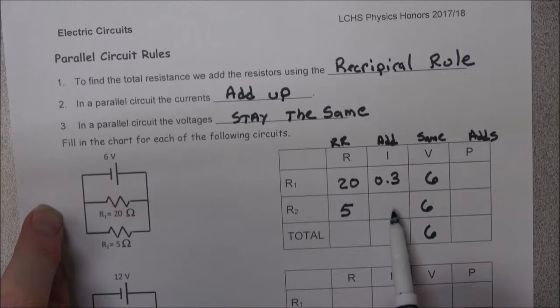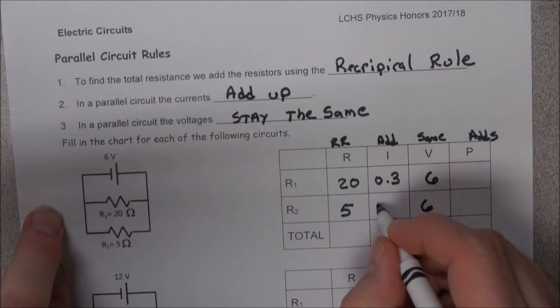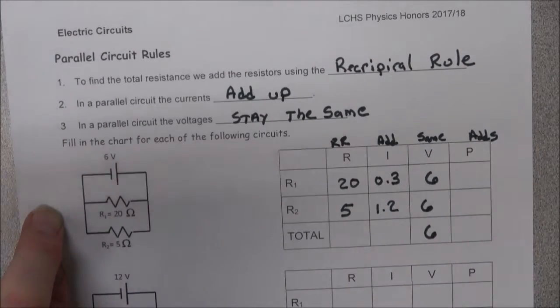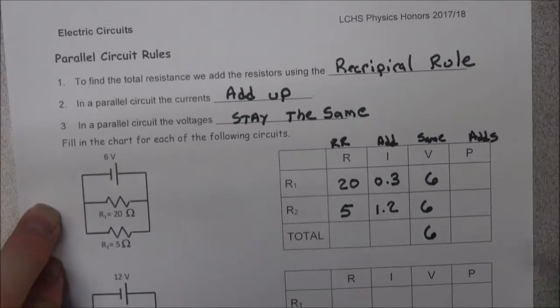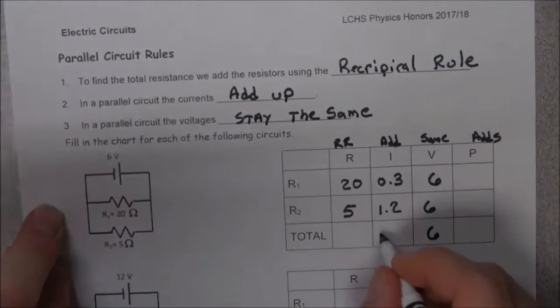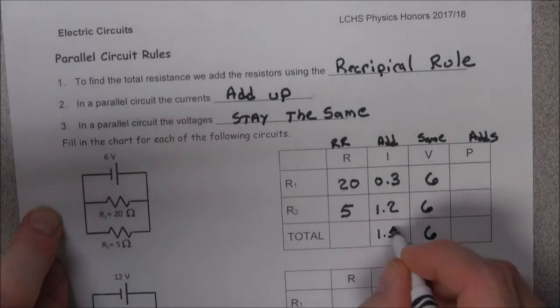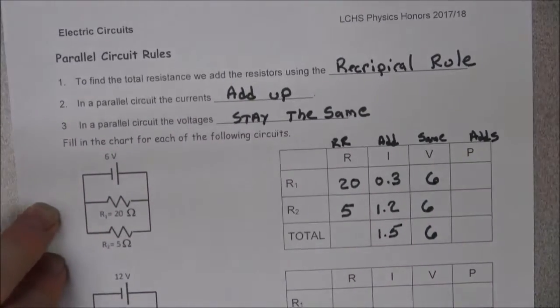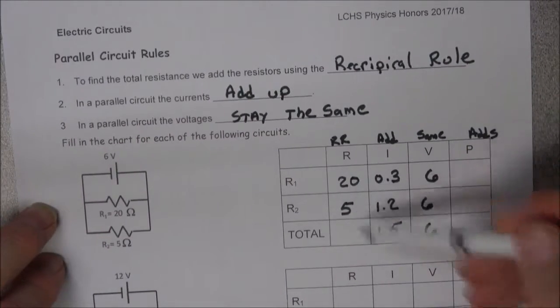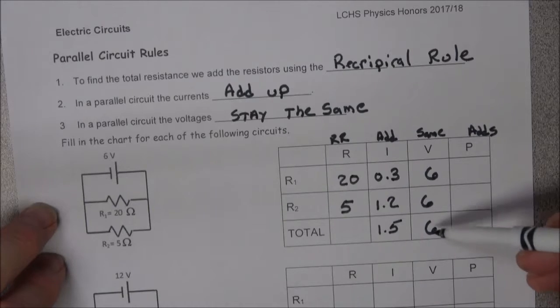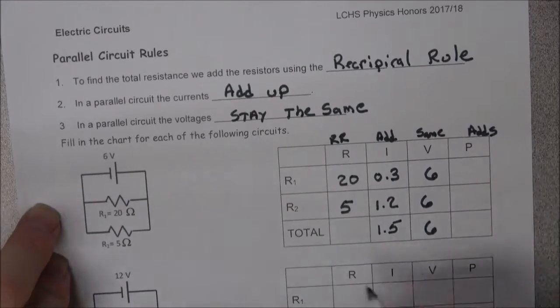Our current in this one is going to be 6 divided by 5. That's 1.2. And then our currents add up. 1.5. Now our overall resistance should be less. So let's check it. So 6 divided by 1.5 is 4.